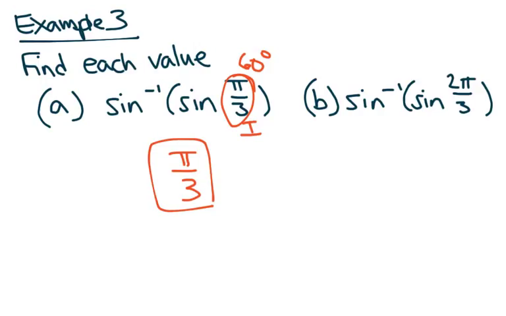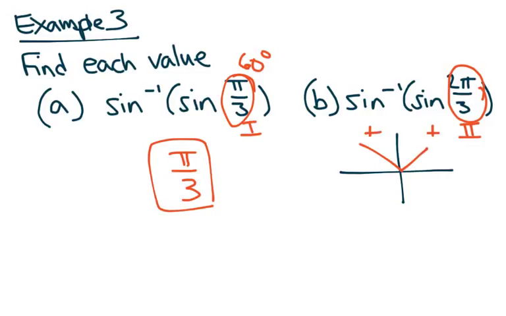But 2 pi over 3 is in quadrant 2. So we need to find out where the angle we're going to get is going to be located. Now, remember on the coordinate plane that sines are positive in both quadrant 1 and quadrant 2. So if 2 pi over 3 is in quadrant 2, the answer has to be positive.